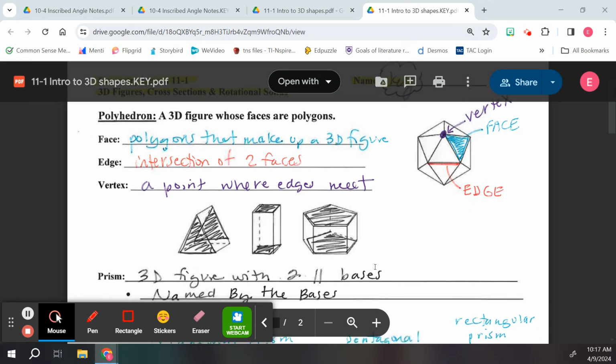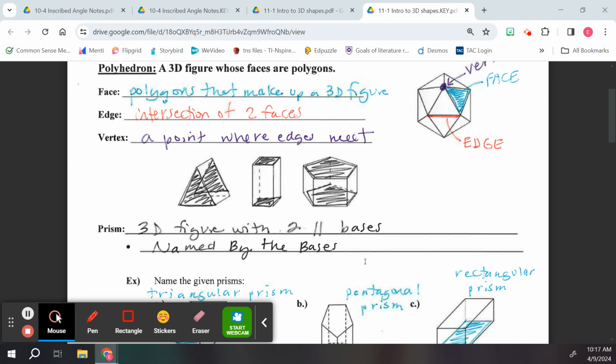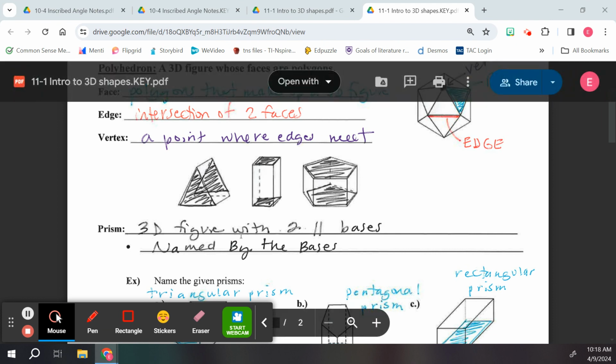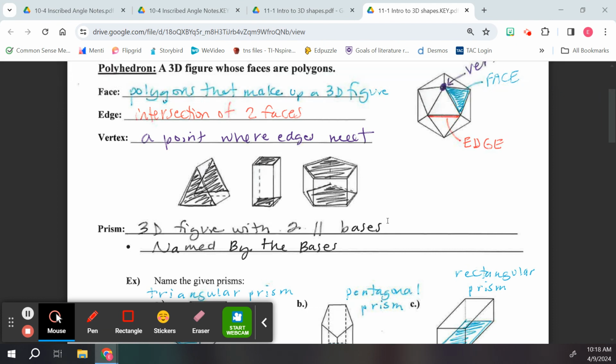All right, so the first 3D figure we're going to discuss is the prism, okay? It is a 3D figure with two parallel bases, and the prism is always named by the base. So you need to identify bases, so be careful with this, okay?